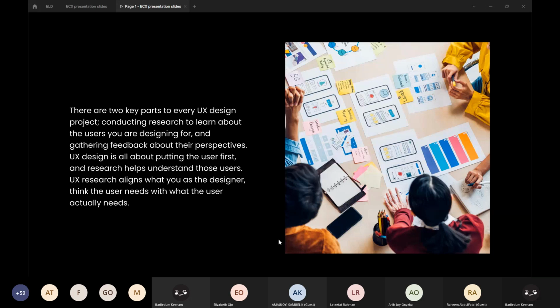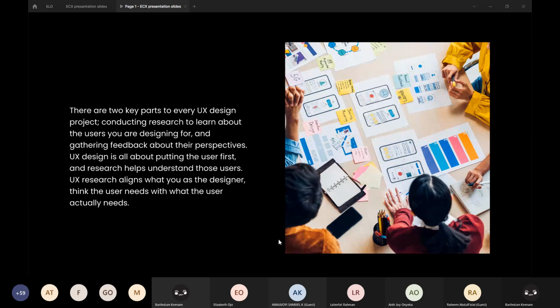Gathering feedback in the sense that when you are done with your product, you push it out and let them use it and experience it, and get feedback as to whether the product was useful, if it actually matches or solves their problem.